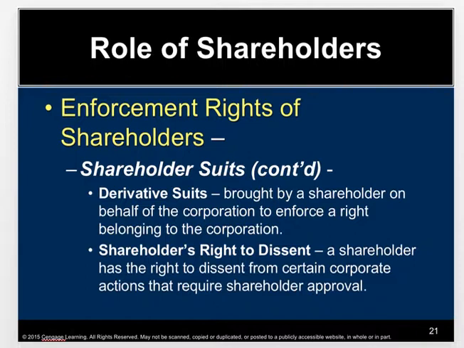So any damages recovered as a result of that lawsuit belong to the corporation, not to the individual shareholders. That's where a lot of people get confused: you're suing on behalf of the corporation, which means the damages belong to the corporation.